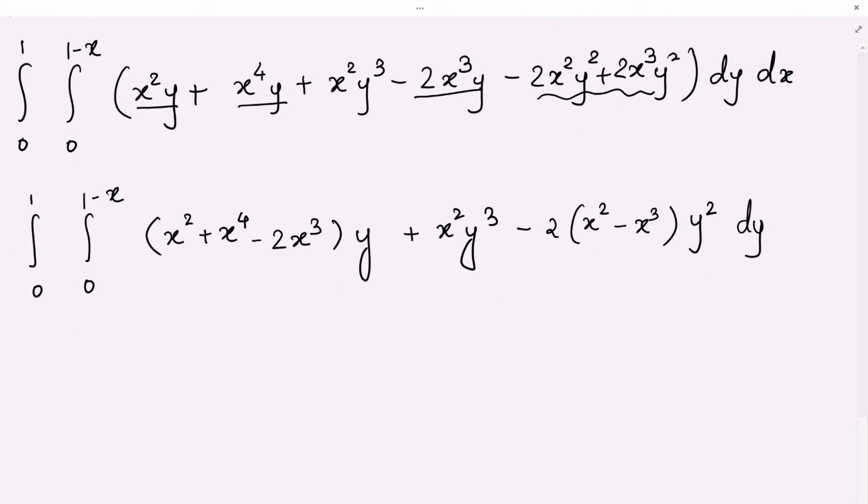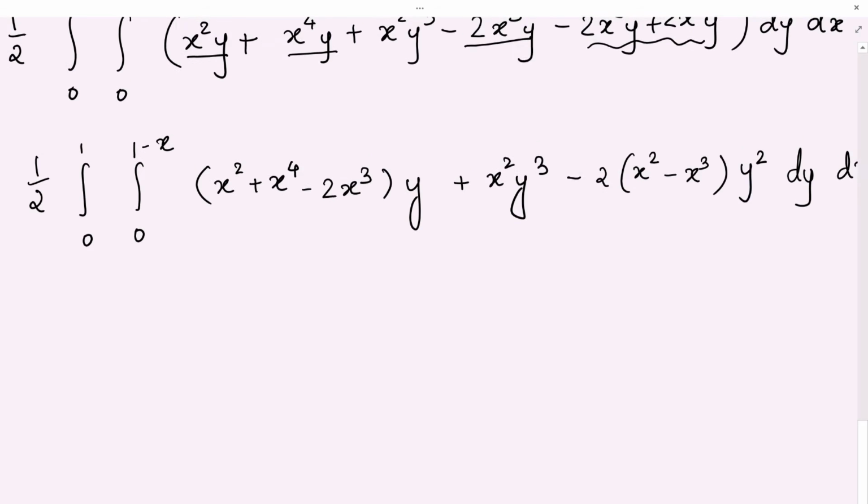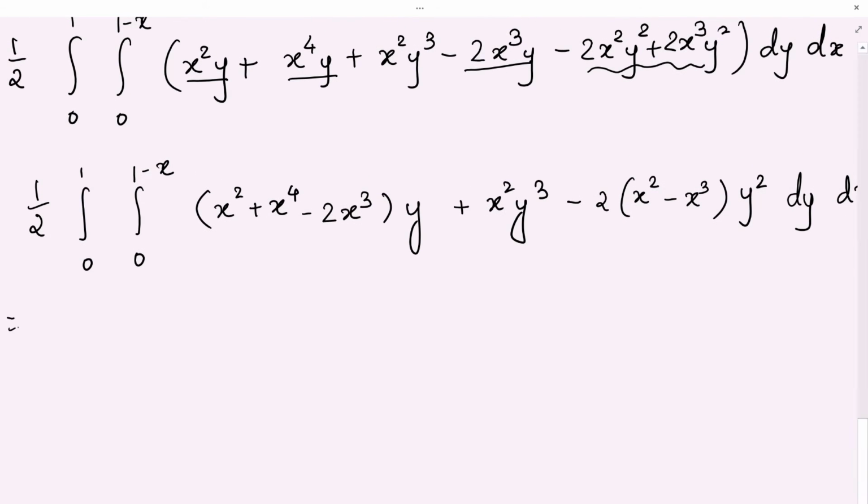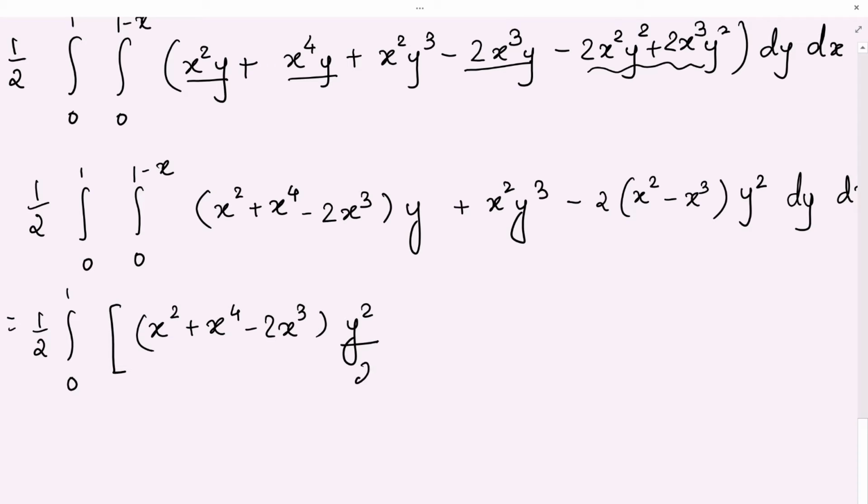So let me integrate with y first. So integrating with y first, we'll have 1 by 2, 0 to 1. This x square term will be as it is. So y will be y square by 2. This will be y raised to 4 upon 4.